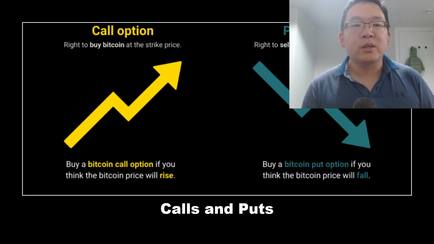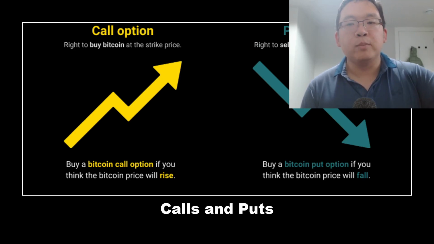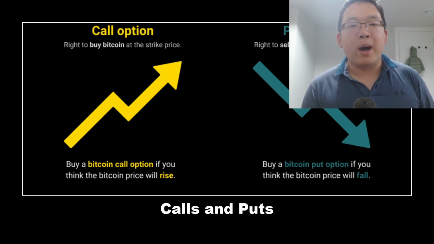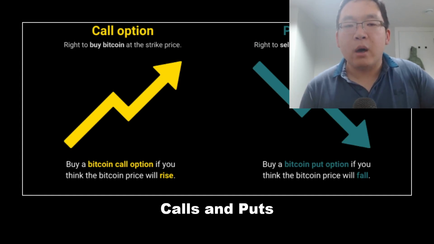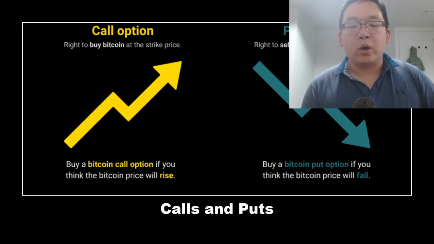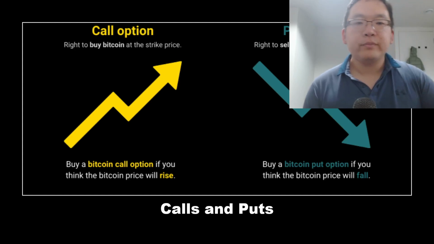So call options are for when you think that the price of the stock is going to move up, then you will buy the call option. So if you buy a call option and after you buy the call option, the price of the stock goes up, your call option is worth more and more and more money.